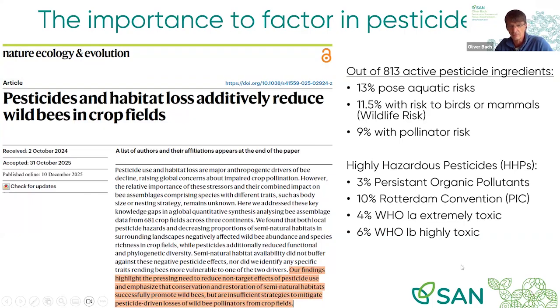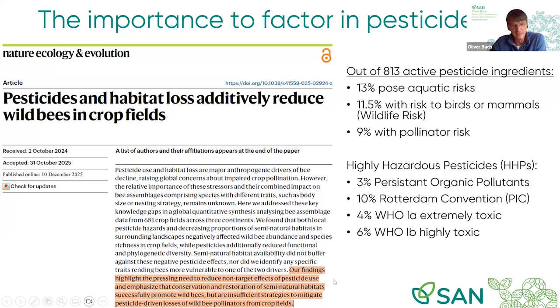Around 10% are extremely or highly toxic, so they affect mammals, for example. Also human beings, workers, of course, that work on the farmland. And there are others, very nasty ones, that are persistent organic pollutants and end up in dolphins and whales and other animals out in the ocean. Those DDT and other substances have been, for example, detected.